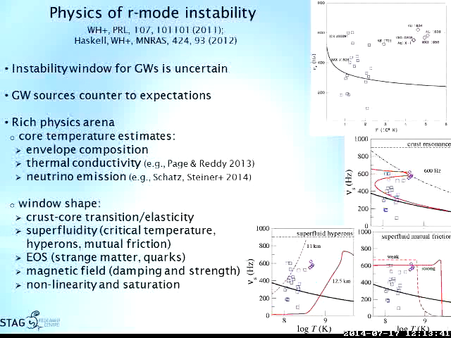The brief picture is that this line delineates whether the r mode is active or not. If you're above the line, the r mode is active. If you're below the line, the r mode is inactive or damped. Obviously, if you're above the line, that's where gravitational radiation is happening because the r mode is active.